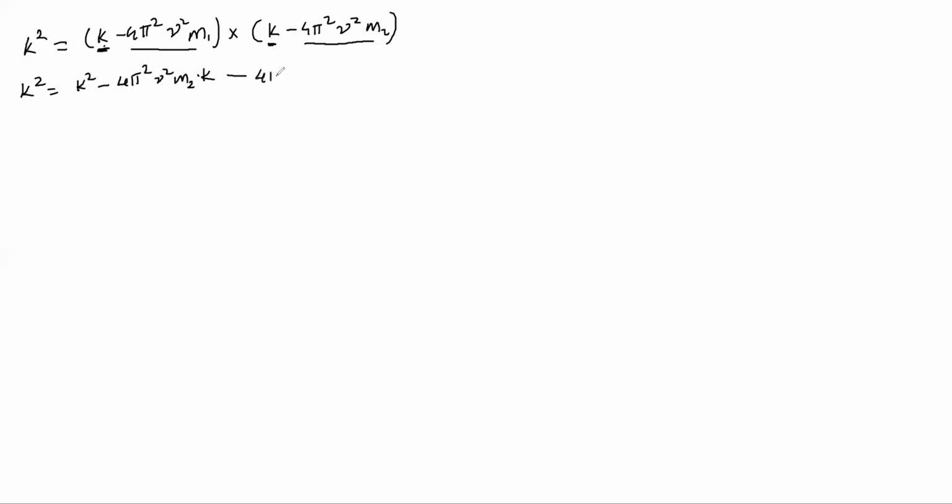So the equation will be 4 pi square mu square m1 into k plus, now here the 4 pi square mu square in bracket square multiplies with m1 times m2.